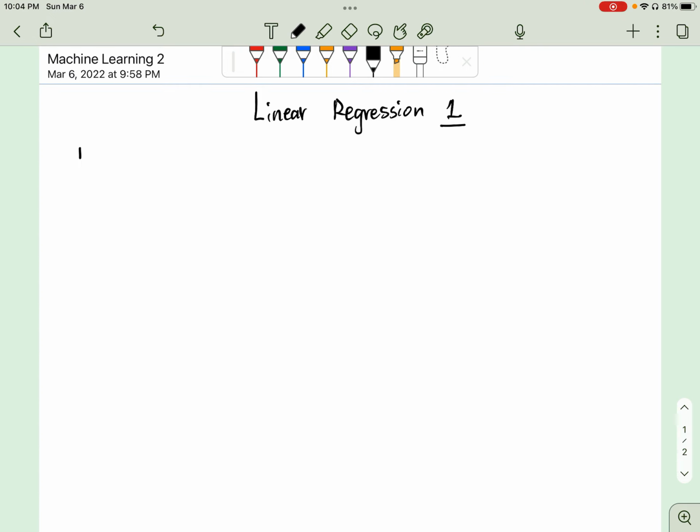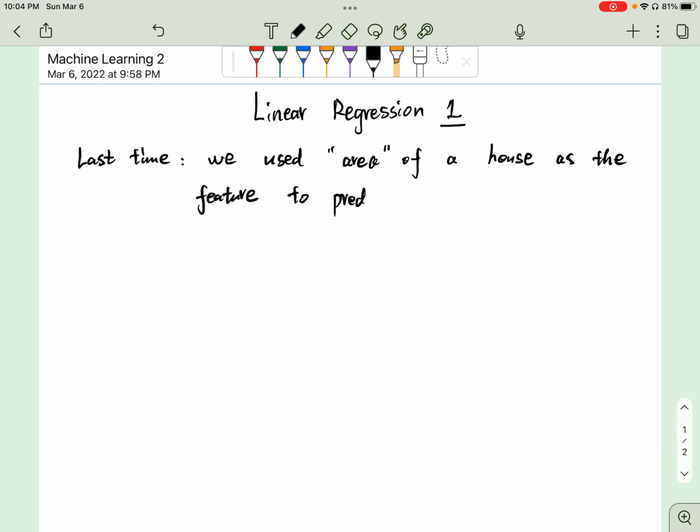Okay, so last time we said we used the area of a house as the feature to predict the price of a house.